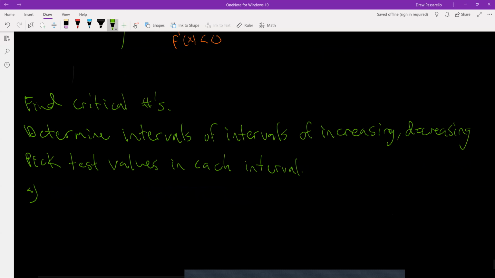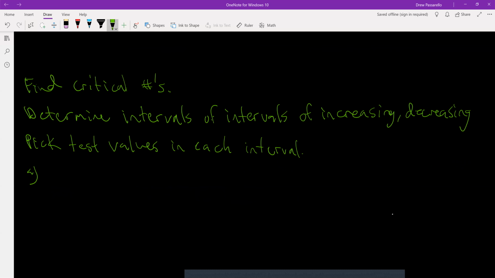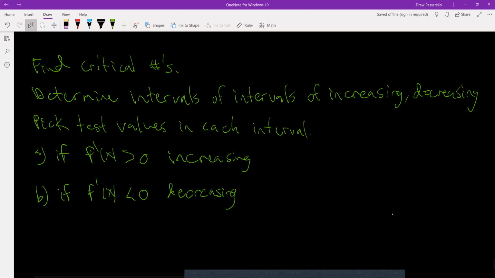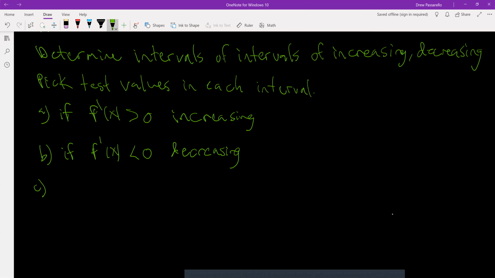And you do that by picking a test value in each interval. And then you're going to see, okay, if f prime of x is positive, then it's increasing on that particular interval. If it's negative, the graph is decreasing on that particular interval. Now, if it's 0, then the graph is linear.